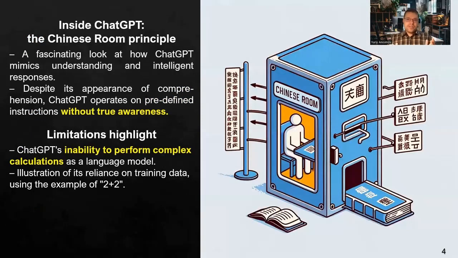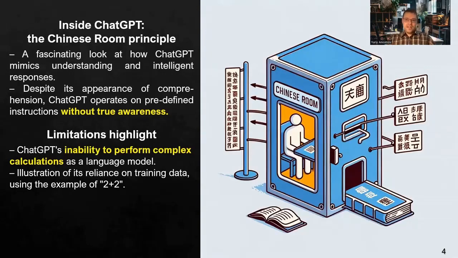And actually, what is the principle? Because we talk with ChatGPT like with a human, and it seems that ChatGPT responds to our queries like a human. But in fact, no. ChatGPT is just a machine, and it processes information according to the so-called Chinese room principle.